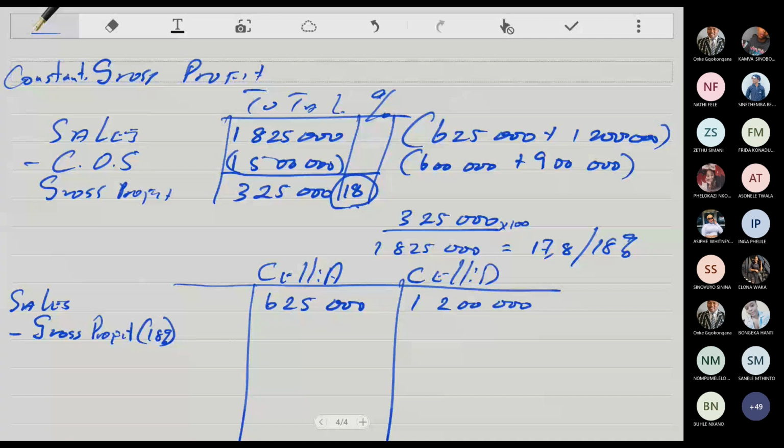Put it under brackets because you are going to deduct this amount. Then you go again to 1,200,000 times 18%, which is 216,000. That's correct.